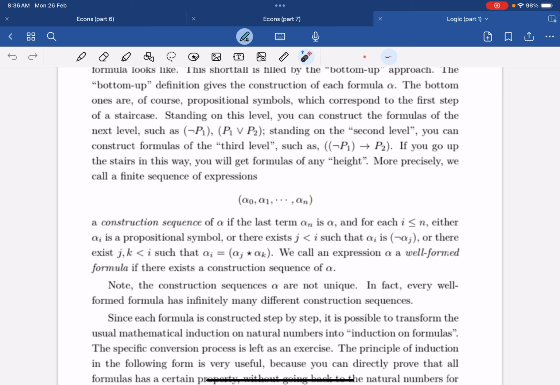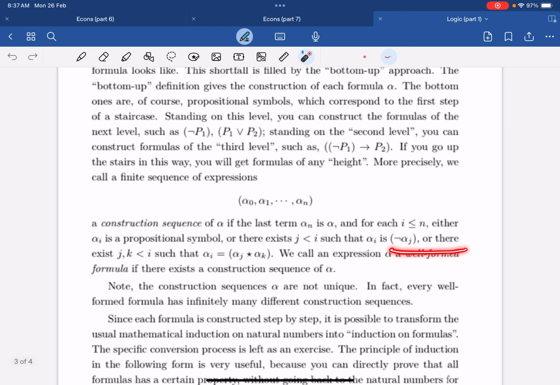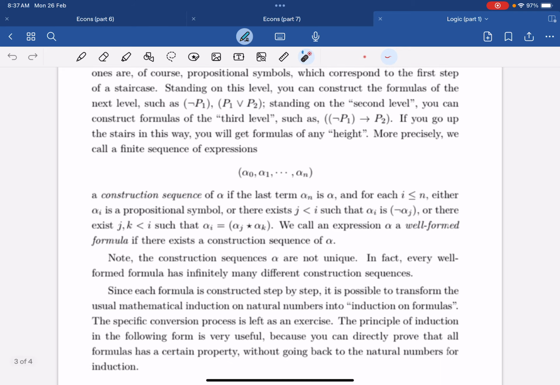This construction sequence must be such that each term is either a propositional symbol, or, if it is not, then there exists an earlier term such that it is one of the following forms, created using the negation and the other binary connectives. And if this construction sequence exists for alpha, then we say alpha is a well-formed formula.